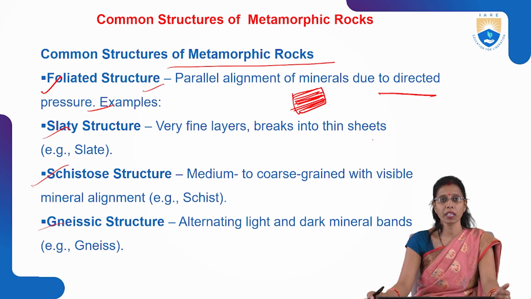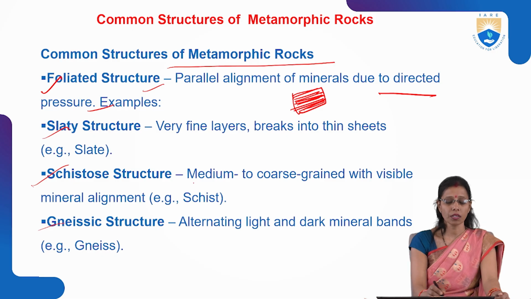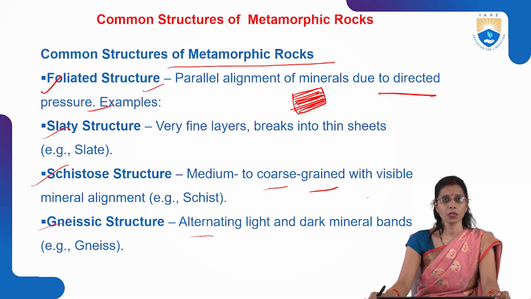When you try to break slate, it will break as thin sheets, right? Schistose structure is medium to coarse grained with visible mineral alignment, for example schist. Now we have the gneissic structure, which has alternating light and dark mineral bands.